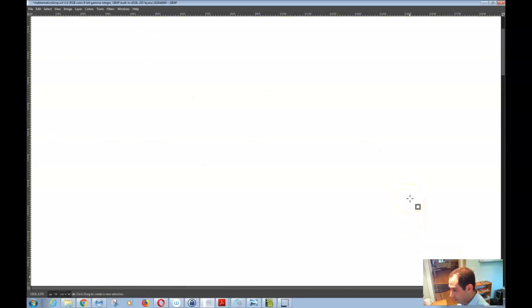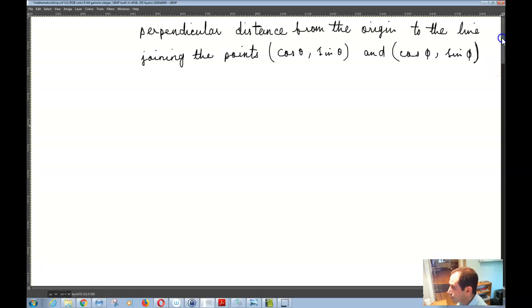So basically you have a line and you have 2 points on this line, meaning that you have cos theta, sin theta, and cos phi, sin phi.